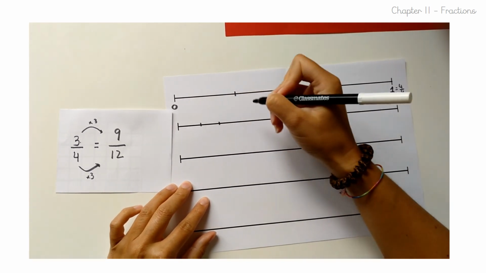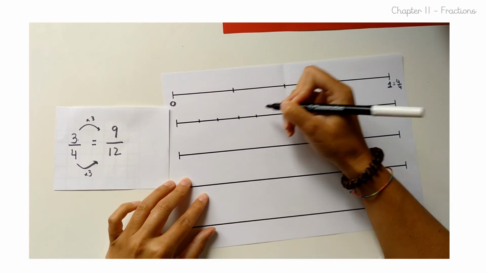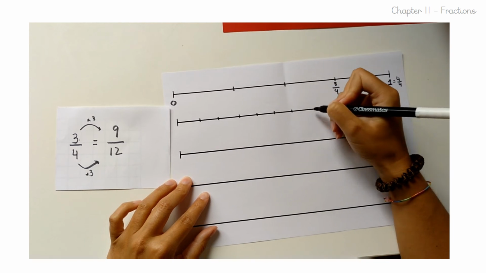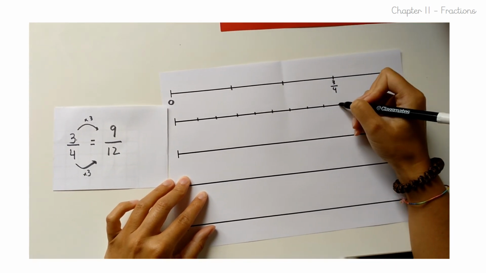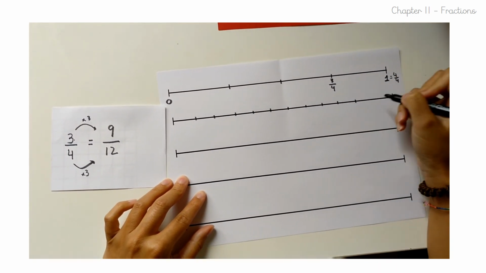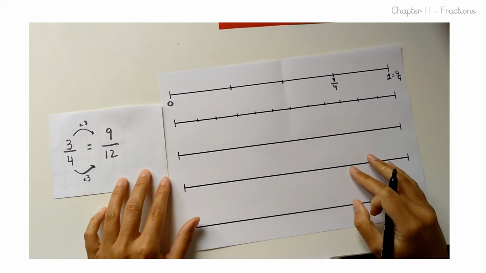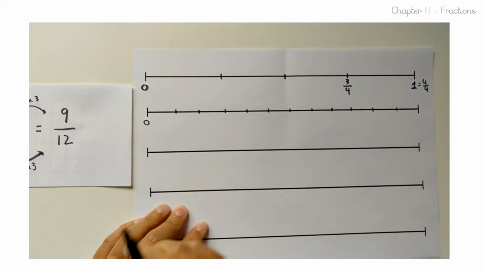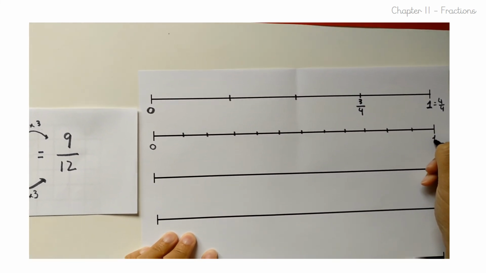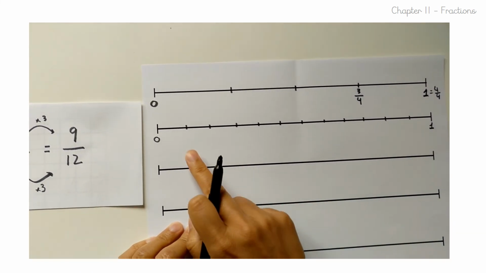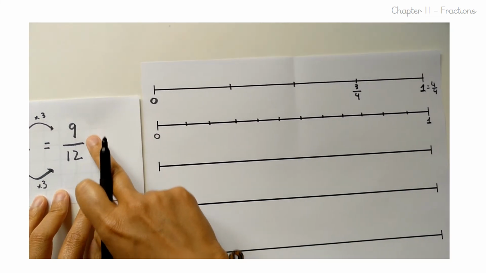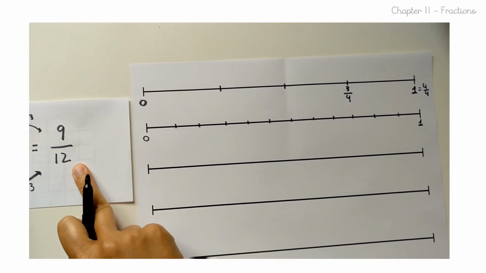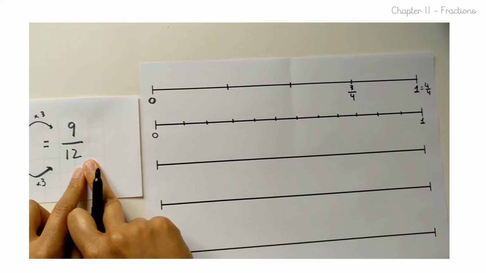1, 2, 3, 4, 5, 6, 7, 8, 9, 10, 11, and 12. Remember we need to mark that 0 is at the beginning of our number line and 1 is our whole. Okay, so now we've said that 9/12 is equivalent to 3/4, and we want to make sure that that is right.